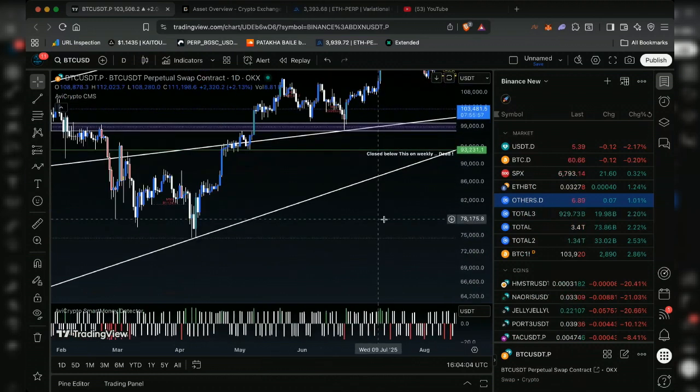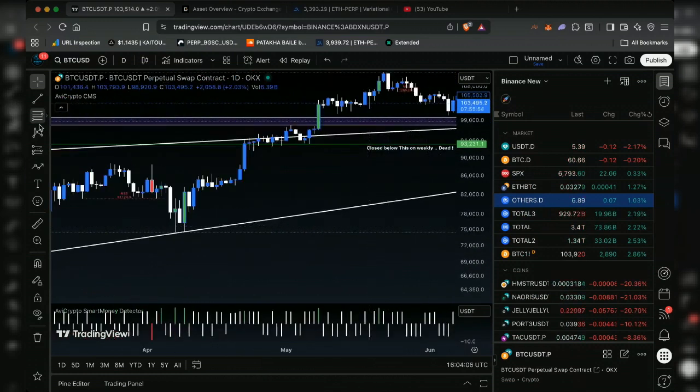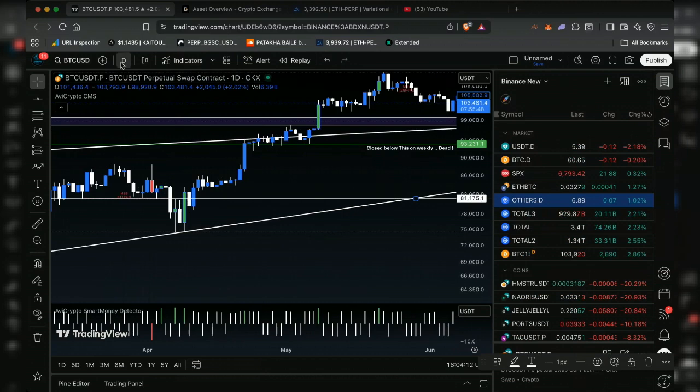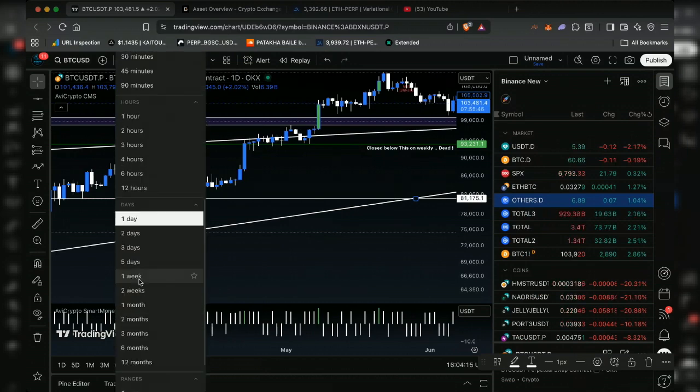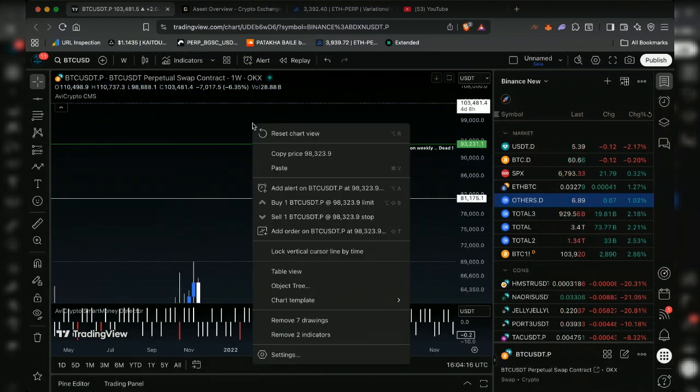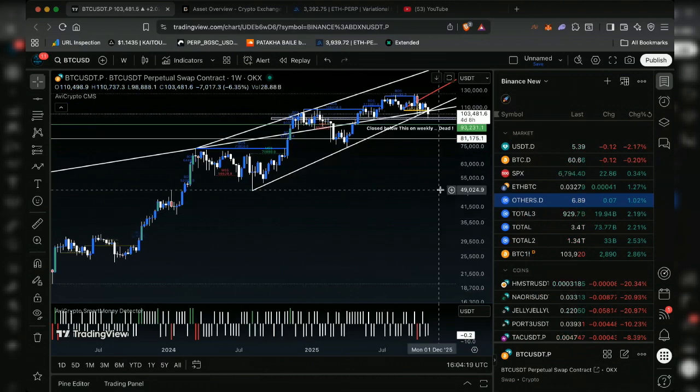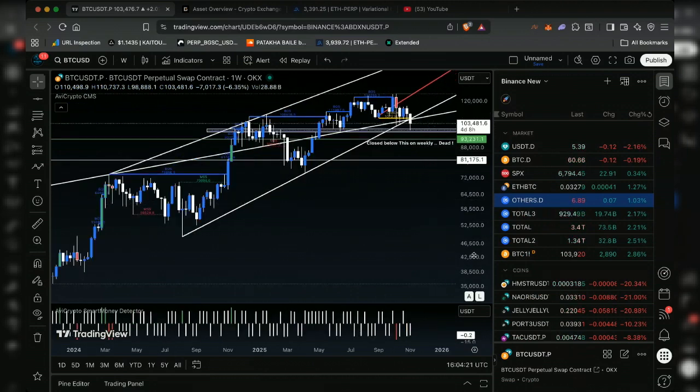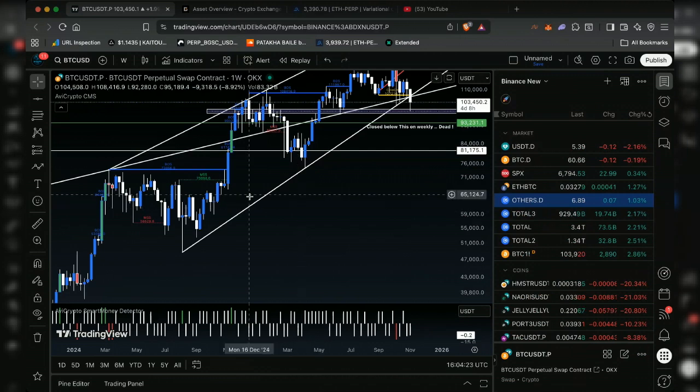The market structure shift is coming around to be 81,000 on a daily time frame here. And below that, the market structure shift levels are very, very low, like 70K and 56K. So obviously we will not be aiming for these levels.